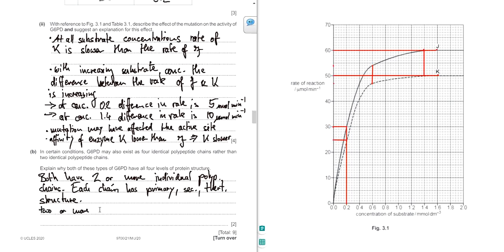Two or more chains combining and binding to form the final enzyme is the quaternary structure.